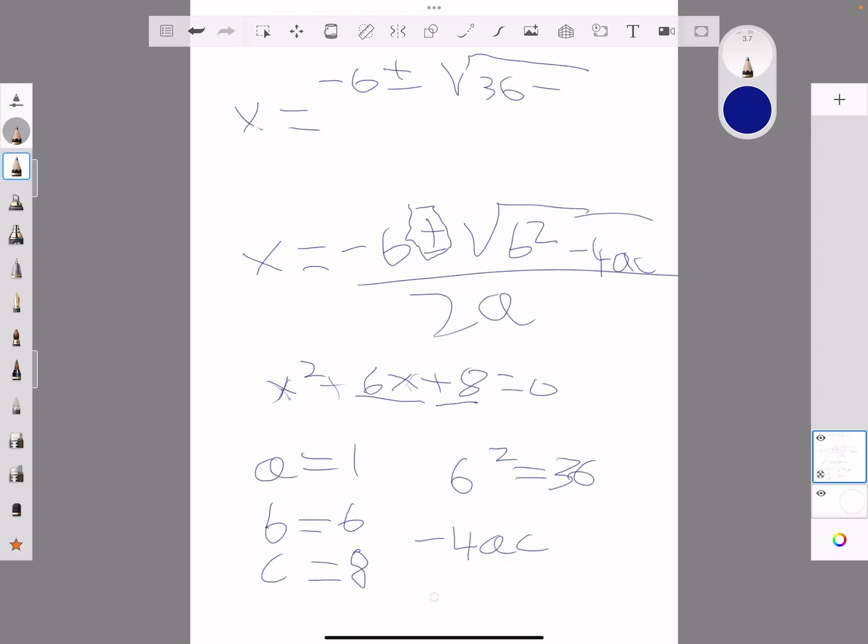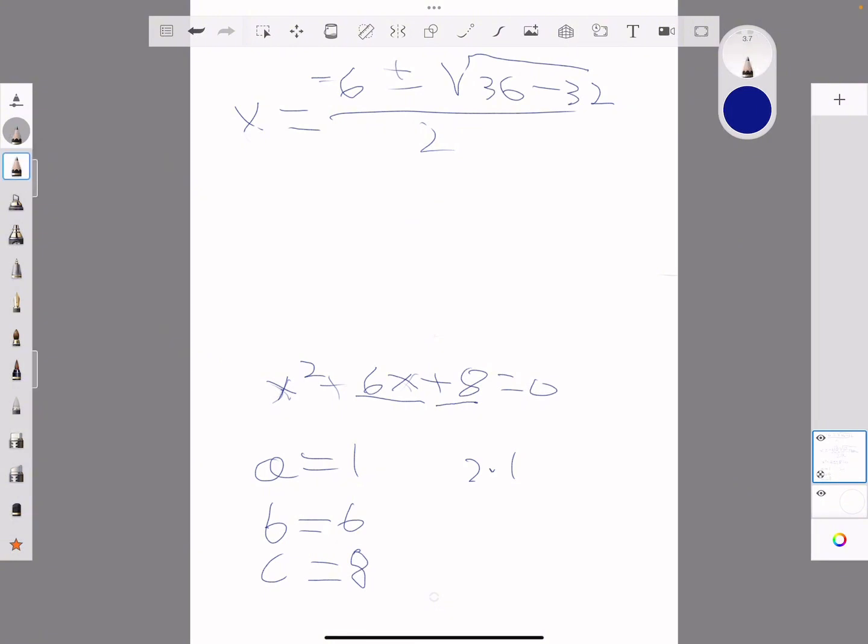We know that a is 1 and c is 8, so it would be negative 4 times 1 times 8, which is going to be negative 32. But then I removed the minus sign, so it's all good. There we go. Now over 2a is just going to be 2 times 1, which is 2.